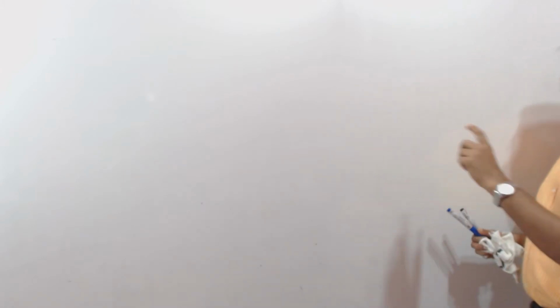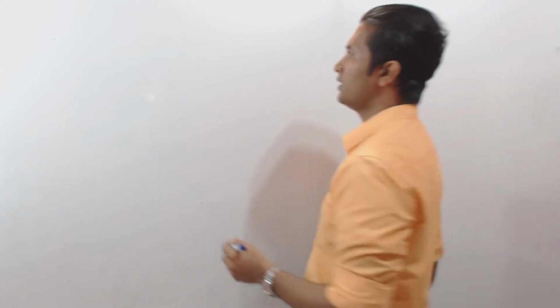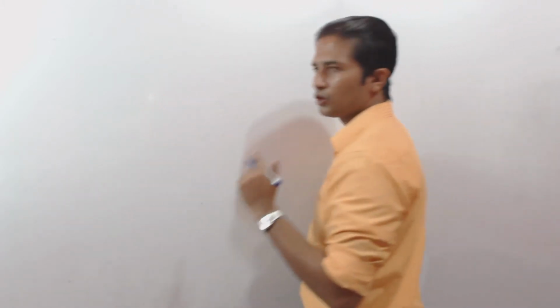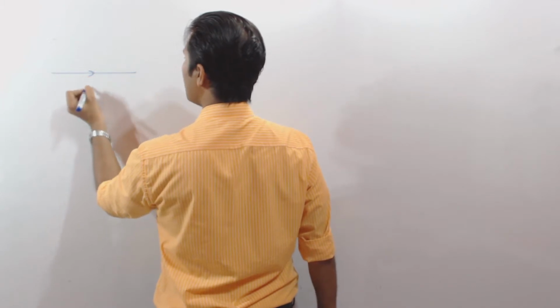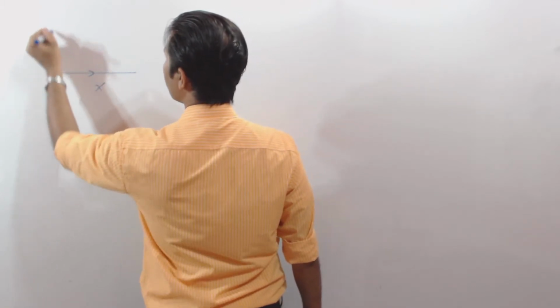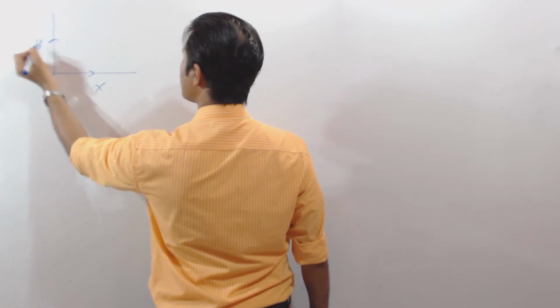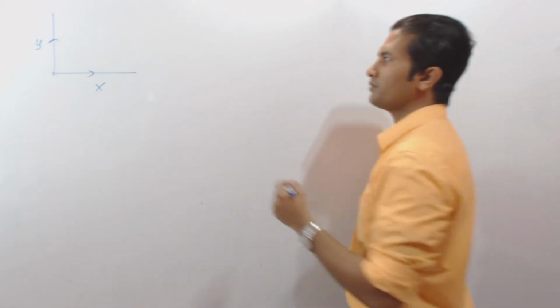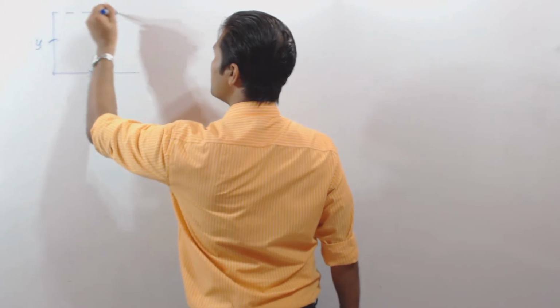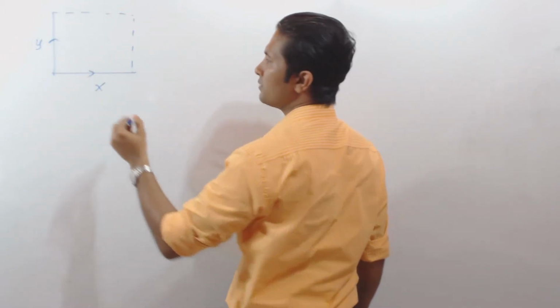Now we have to consider two vectors which are perpendicular to each other. So in order to get the resultant of two vectors such as x and y, you can use the parallelogram theorem.